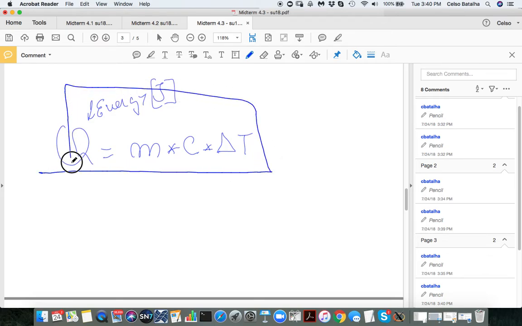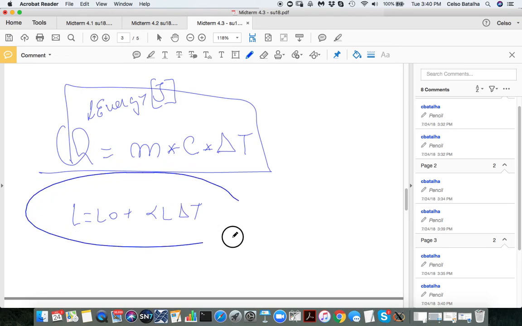Going along with that is the expansion that we studied before. We saw that the length of an object can expand if the temperature is changing. So pretty much that's your final exam. Okay? Good luck to you anyway.